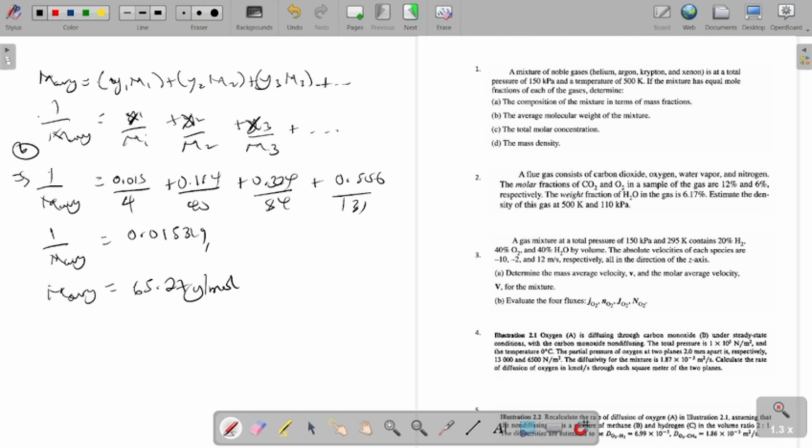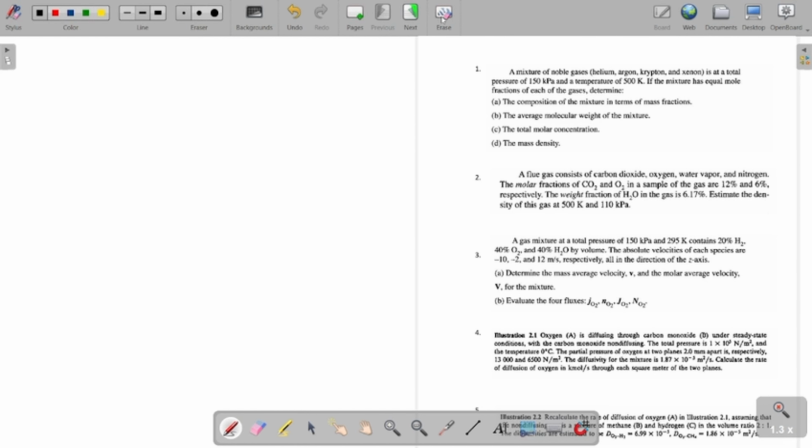In part C, they are asking us to calculate the total molar concentration. The molar concentration is given by P over RT. We had a pressure of 150 kilopascal, so 150 times 10 to the power 3, and R is 8.314.